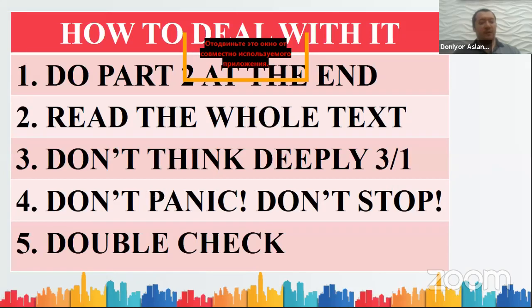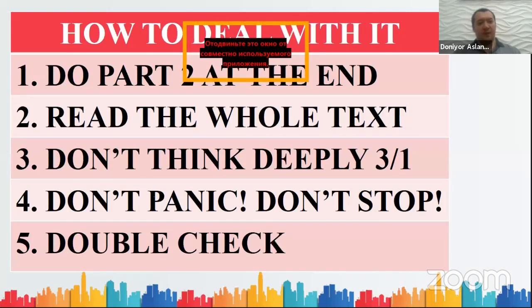And the second one: in each part, please read the whole text. Please do not start the test right away, but become acquainted with the text, get familiarized, understand the overall meaning of the text. It will help you to find the right answers quite easily.